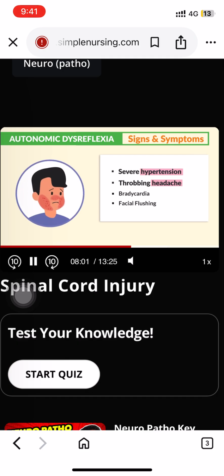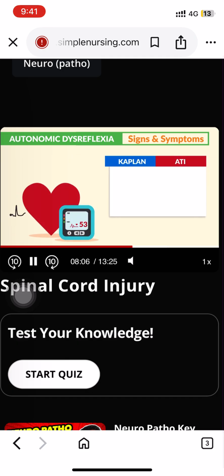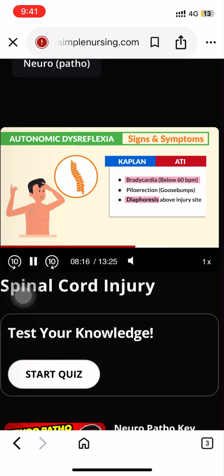And then also facial flushing and nasal congestion. Now, Kaplan and ATI had questions about this, and the correct options were bradycardia, below 60 beats per minute, piloerection, fancy words for goosebumps, and diaphoresis above the injury site. So basically that's sweating above the T6 area.